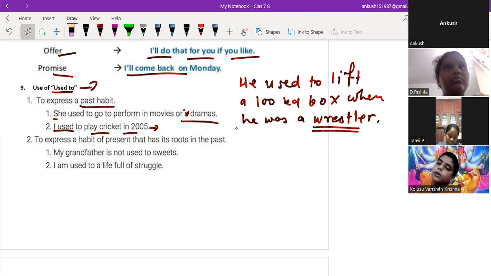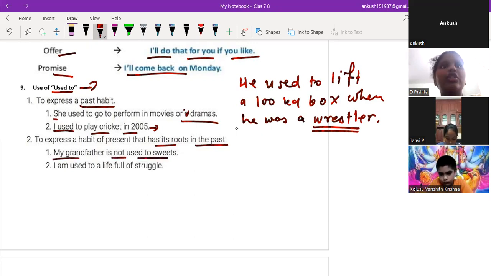Now he is not. Now, to express a habit of the present that has its roots in the past. For example, my grandfather is not used to sweets. It means the grandfather doesn't like sweets, neither in his young days nor now. Understood?